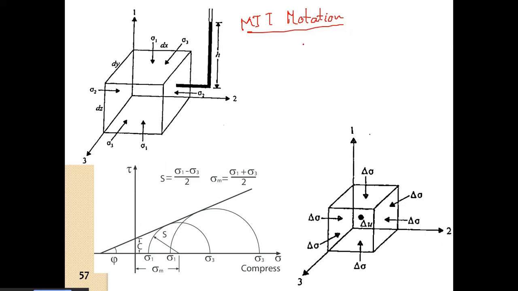Here what we define is in terms of the center and the radius of the Mohr circle. So basically the average confining stress and maximum shear stress.